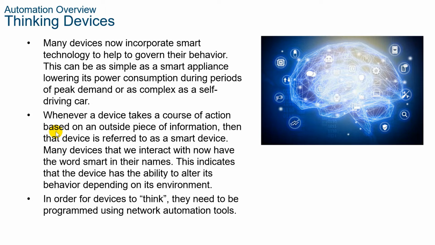Many devices that we interact with now have the word smart in their names. This indicates that the device has the ability to alter its behavior depending on its environment. In order for these devices to think, they need to be programmed using network automation tools.